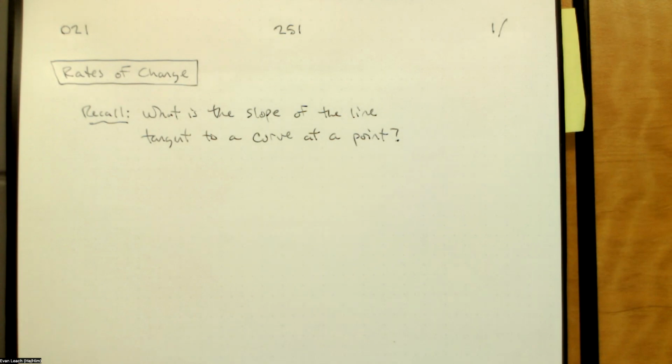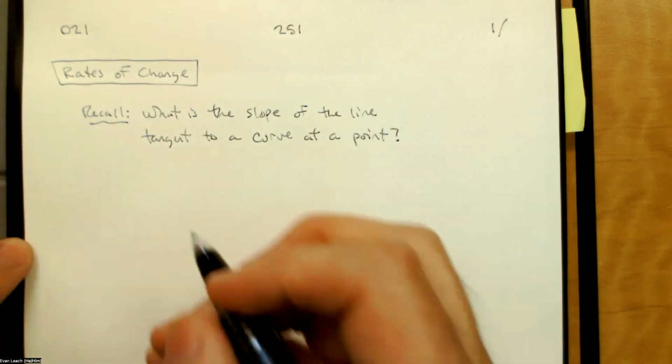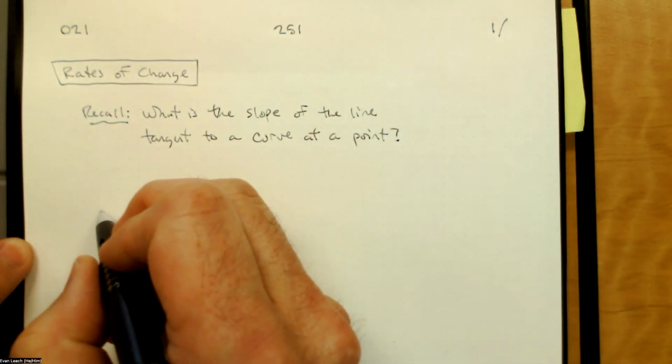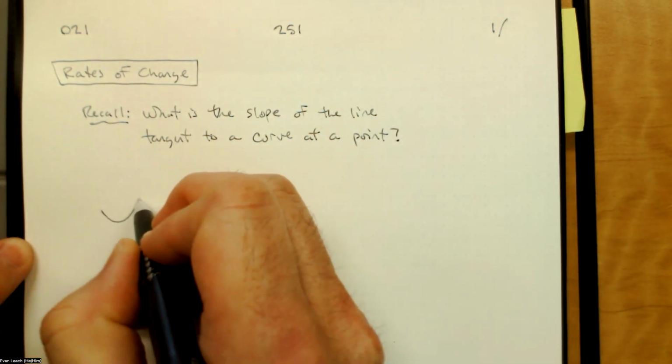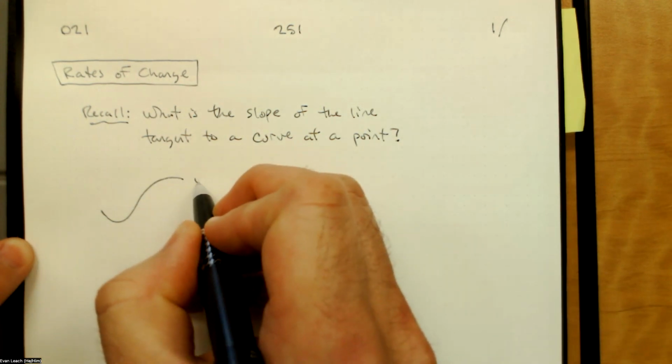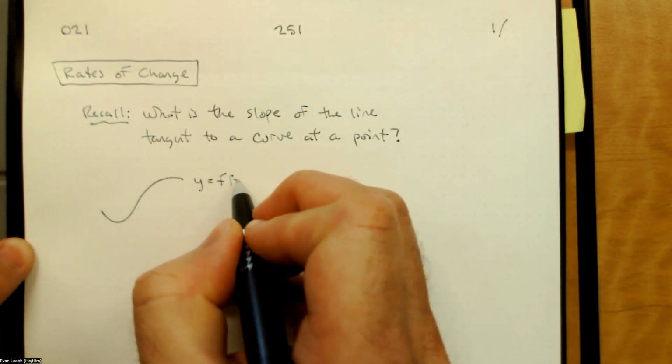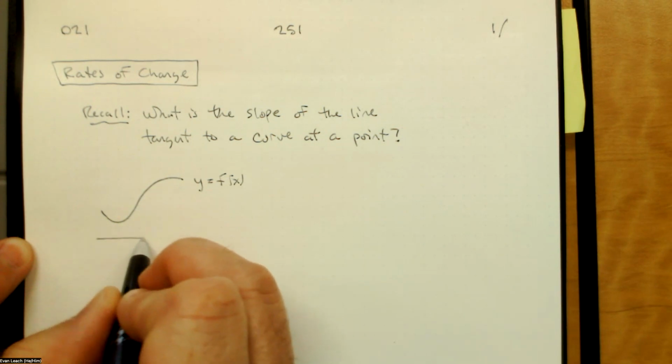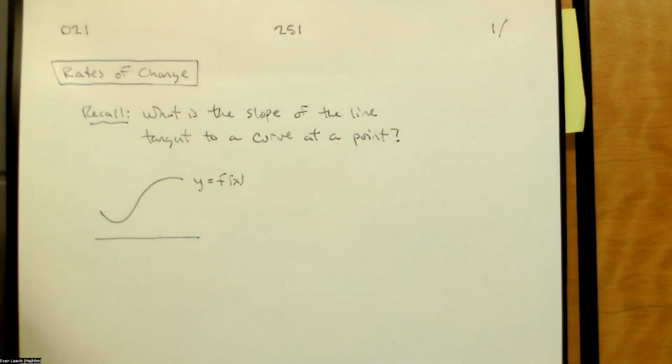Recall that this is one of the big questions that we have in calculus. What is the slope of a line tangent to a curve at a point? To make our lives easier, we're going to start by describing the curve with a function.